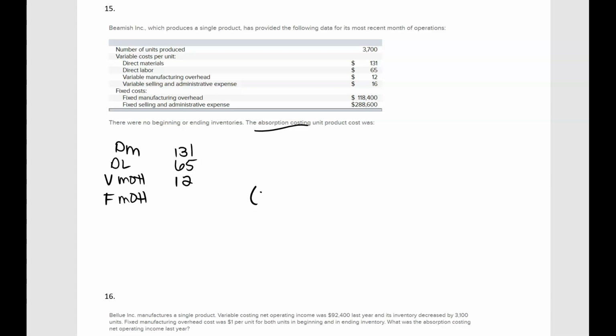The calculation for that is the total fixed manufacturing overhead divided by how many units? 3,700. And that is $32 for a total of $240 of absorption costing unit product.